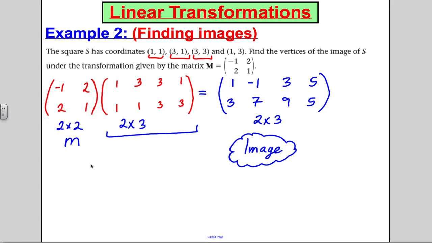Now I could draw that out. This here was a square. Let's just do a very quick sketch, not accurate here. I had corners 1, 1, 3, 1, 3, 3, and 1, 3.